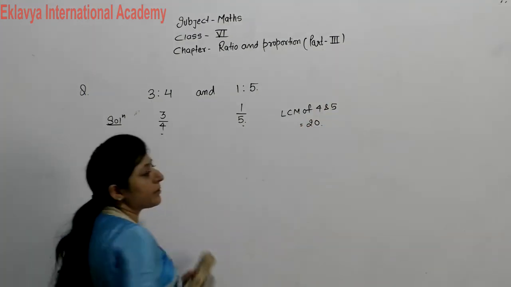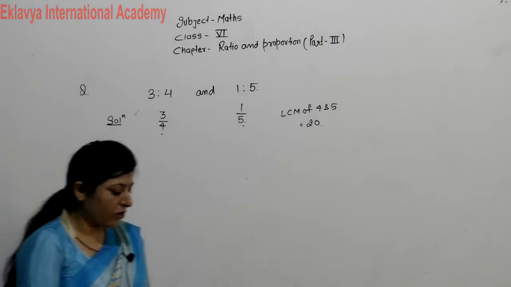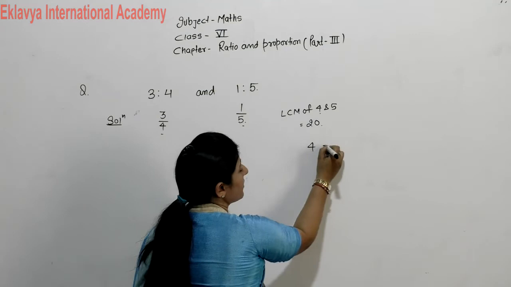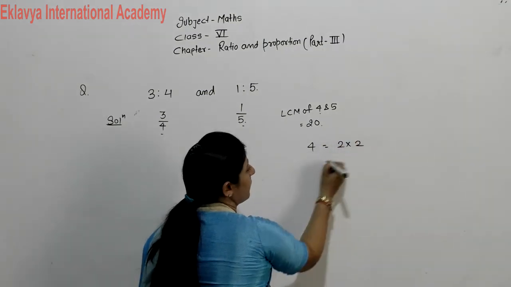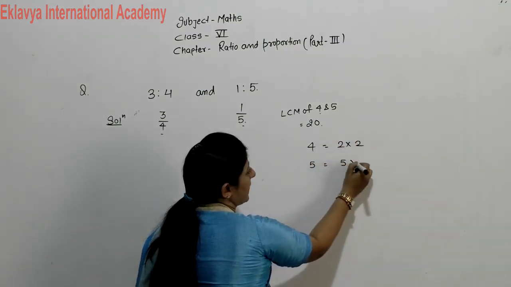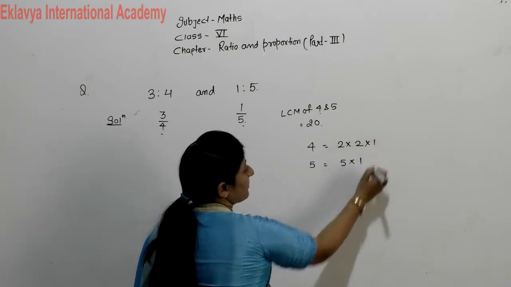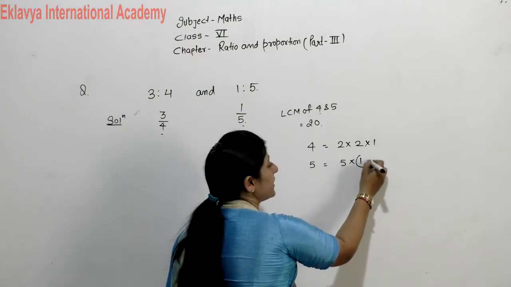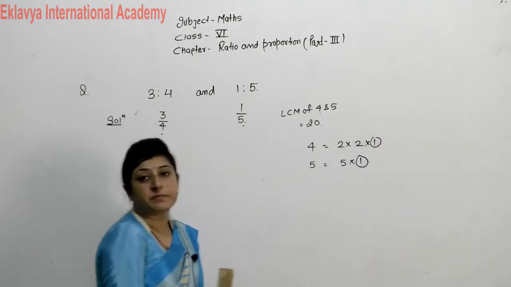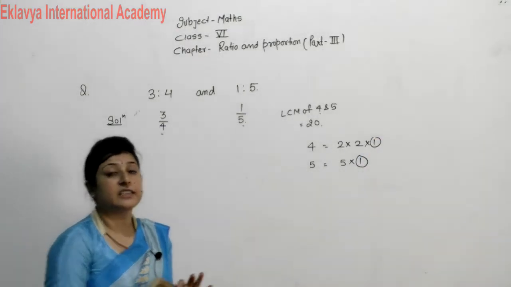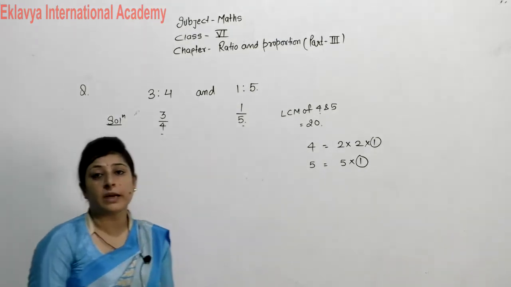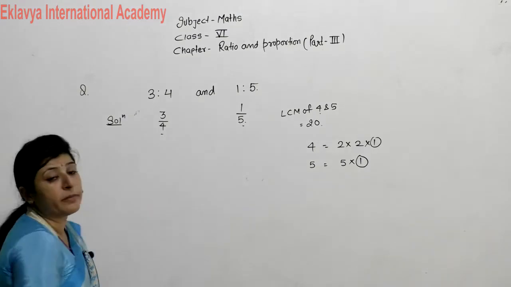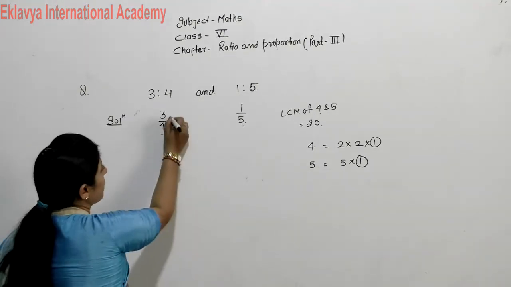Both are co-prime numbers. 4 is 2 multiplied by 2, 5 is 5 multiplied by 1. There is only one common factor between these two numbers, that is 1. That's why these numbers are called co-prime numbers. So the LCM is 20.